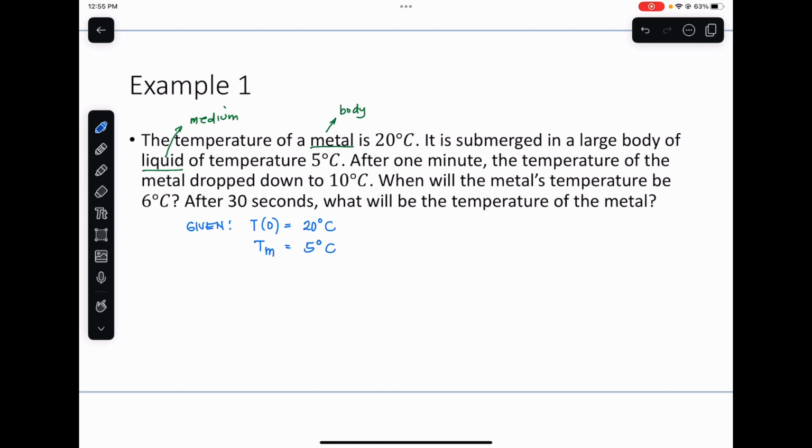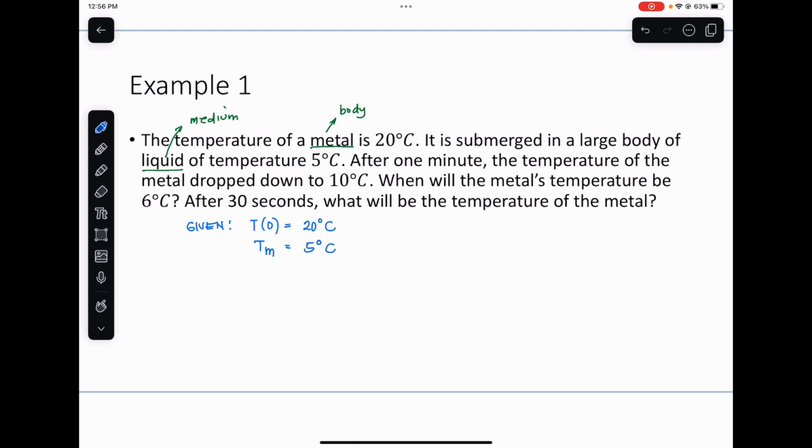The temperature of the medium is 5 degrees Celsius, which is lower than that of the metal, which is 20 degrees Celsius. So once we submerge the metal into the liquid, what would happen here is there will be a decrease in the temperature.